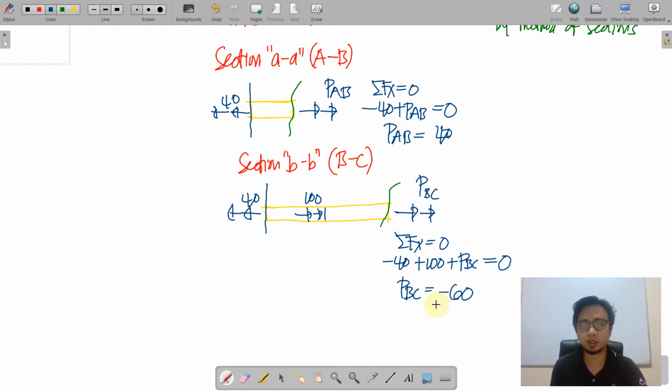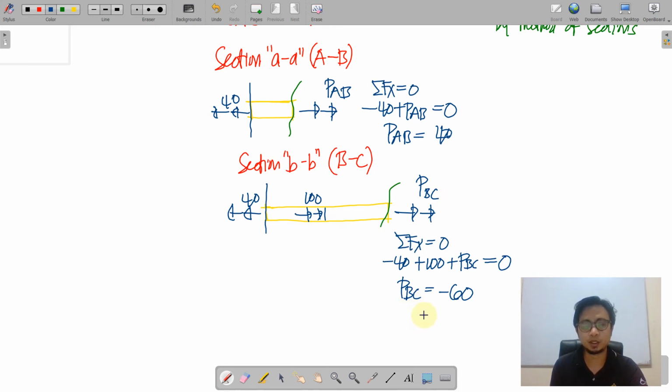But don't worry, because this type of solution will make an easier interpretation for us. Just stick to this negative sign and do not change the direction of what you have assumed.